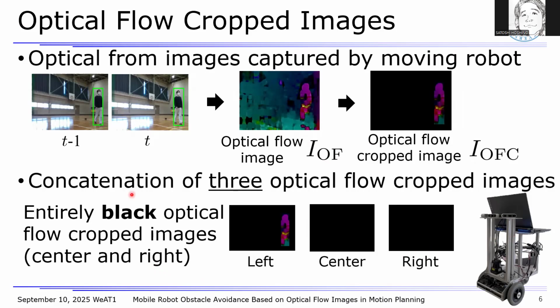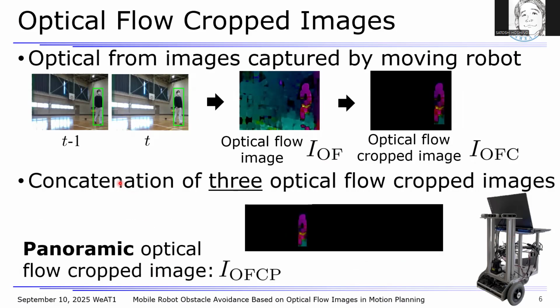For this problem, these optical flow cropped images are horizontally concatenated. This panoramic optical flow cropped image is abbreviated as IOFCP. This image ensures convolutional filters are correctly optimized through imitation learning.